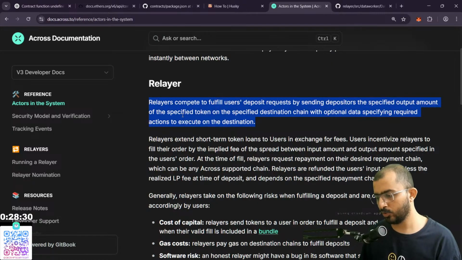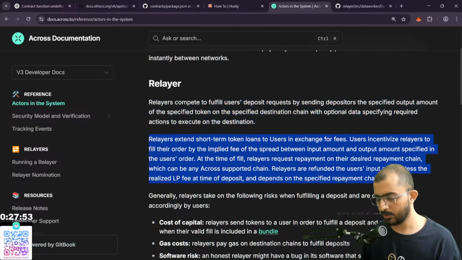Relayers compete to fulfill users' deposit requests by sending depositors the specified output amount of the specified token on the specified destination chain, with optional data specifying the required action to execute on the destination chain. Relayers extend short-term token loans to users in exchange for fees.